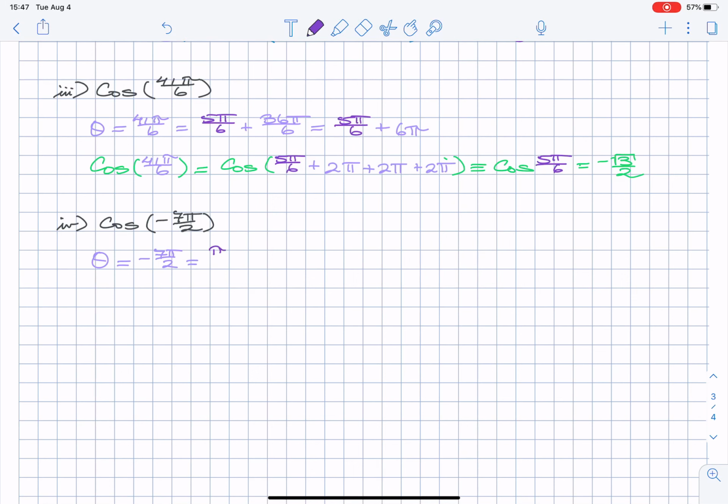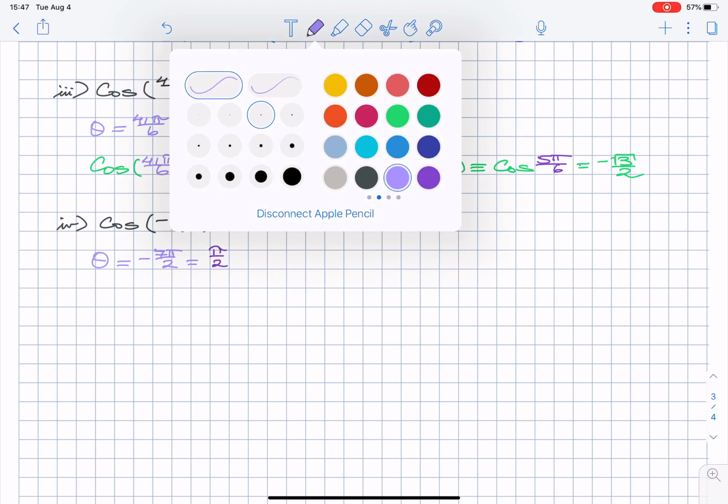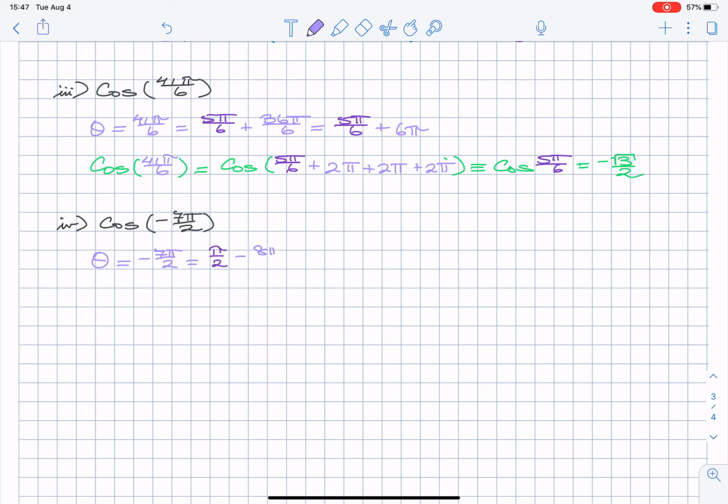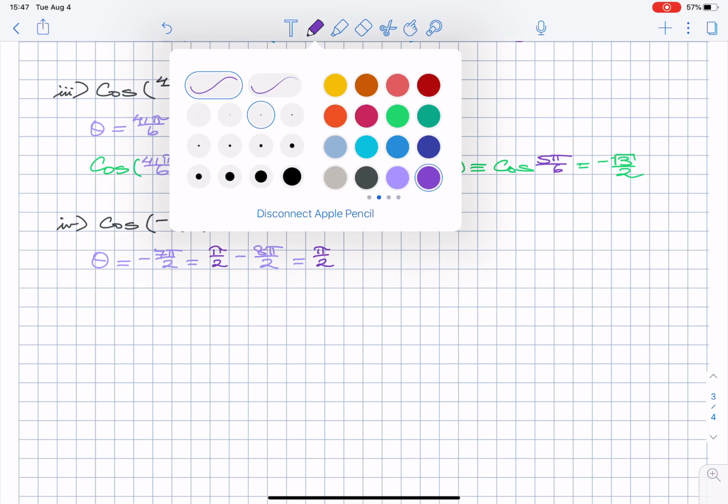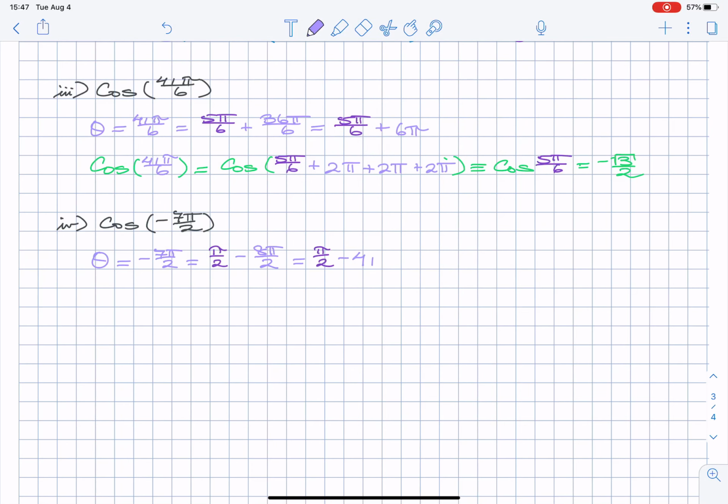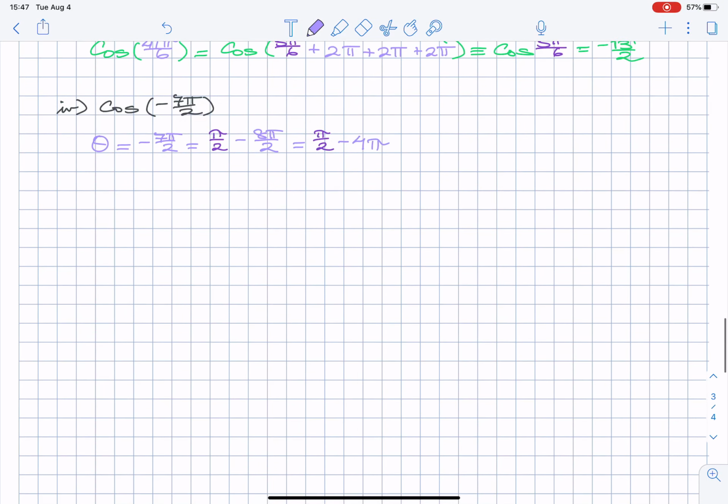So I claim that this is pi over 2 minus 8 pi over 2. So this is pi over 2 minus 4 pi, which is 2 revolutions.